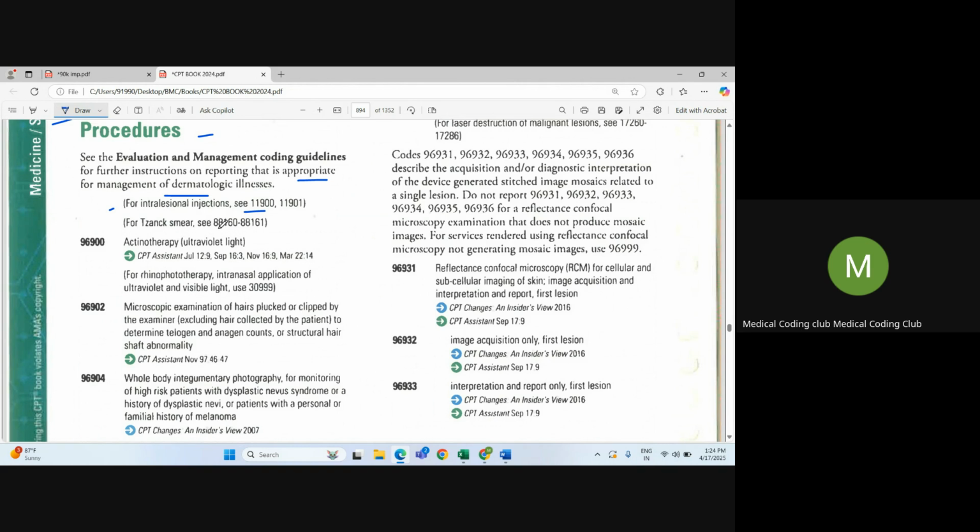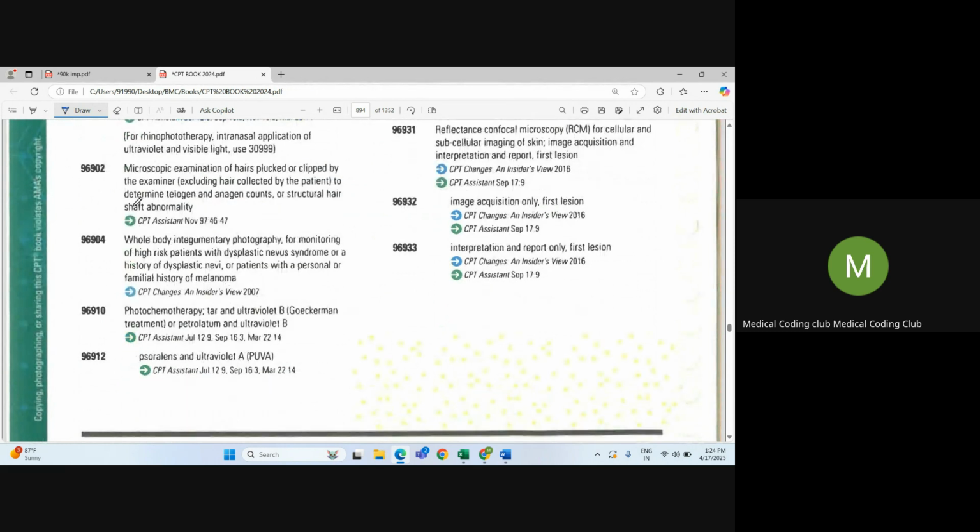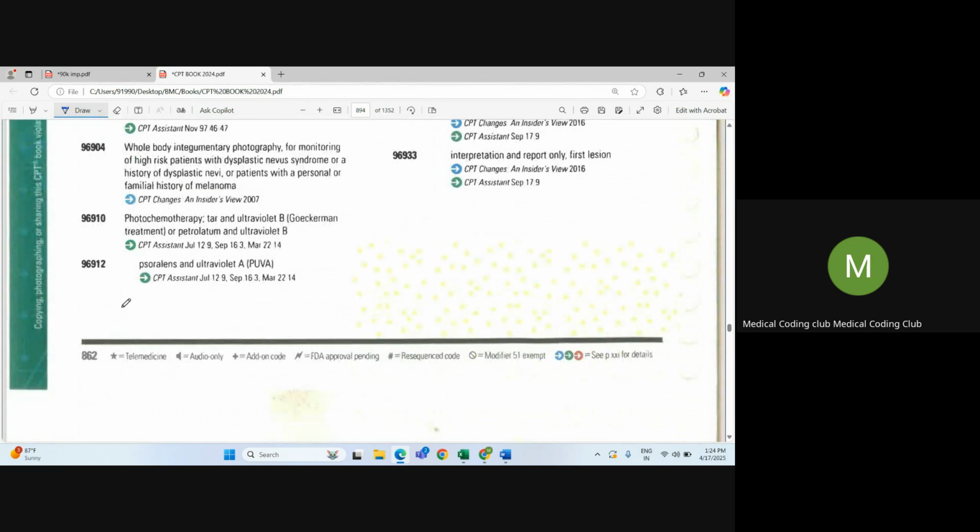And for intralesional injection, 11900 and 11901, we have a separate procedure in the integumentary section. There you can go ahead and check this particular procedure. But when they're talking about the dermatologic EXCIMER method, we will get the code from this section only.